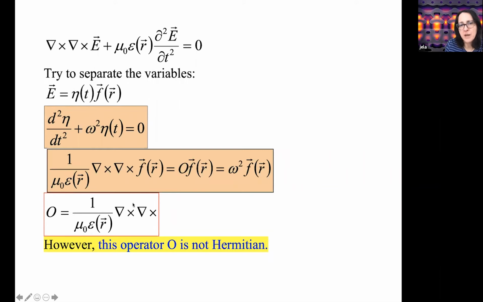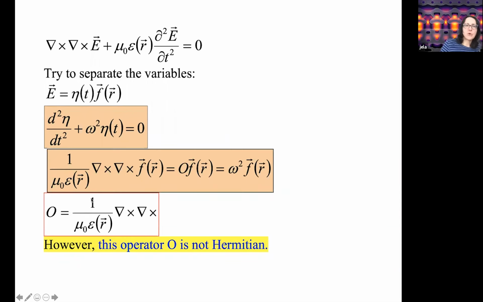If this 1 over epsilon was in between the curls, it would have been fine. Or if epsilon was constant, it would have also been fine. But here we have this epsilon, which varies in space, outside of the curl of curl. So when you're trying to prove that the operator is Hermitian, and you have that in the course reader, as you're slowly moving curl from one function to another, epsilon will be trapped under the curl. And you can see that you're actually obtaining different results.